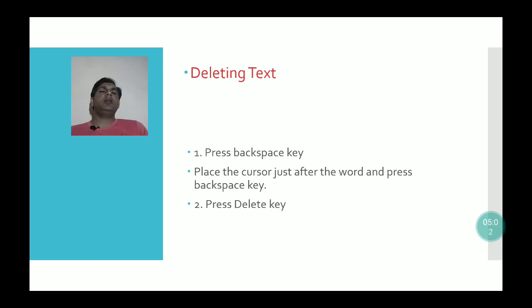For deleting text using the backspace key, just place the cursor just after the word and press the backspace key. Then that letter will be deleted. The number of times we press the backspace key, that many letters will be deleted from the written text.